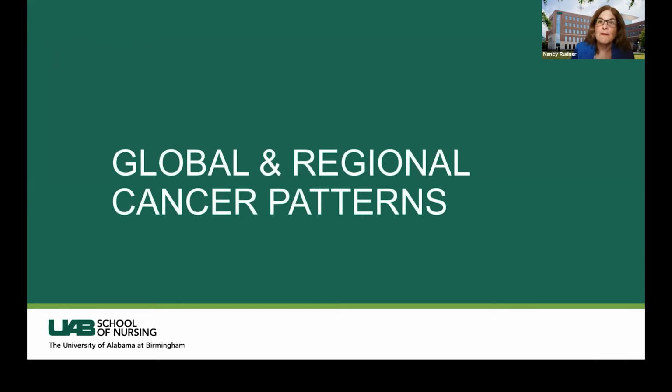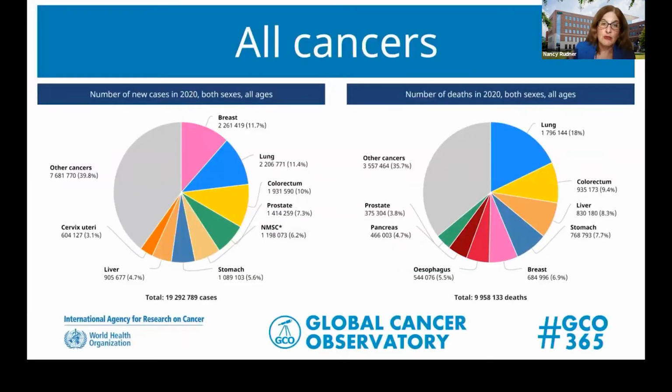First, let's look at the epidemiology of cancer, at the global and regional cancer patterns. Globally, as you can see, there are various types of cancer. The most common globally are breast cancer, lung cancer, and colorectal cancer.